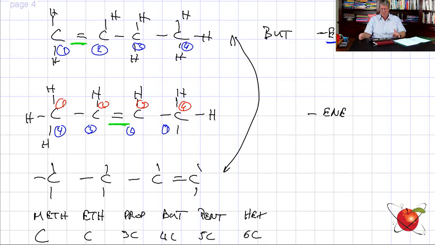Okay? But now, the last thing I have to say is, look, they are different. So you have to tell me where the double bond is. So you tell me it's bute 2-ene. Oh, sorry, that's bute 1-ene. I'm thinking of the one below. This is bute 1.